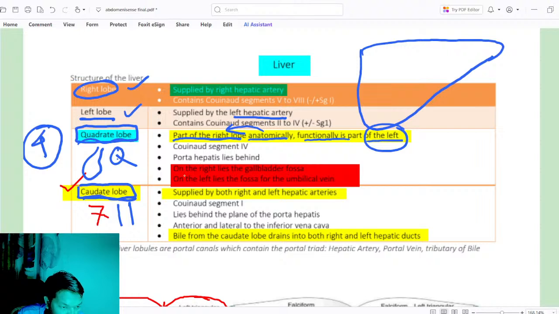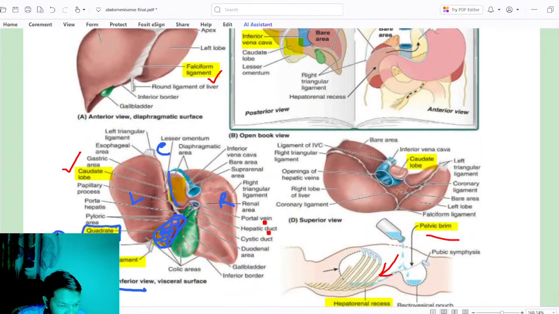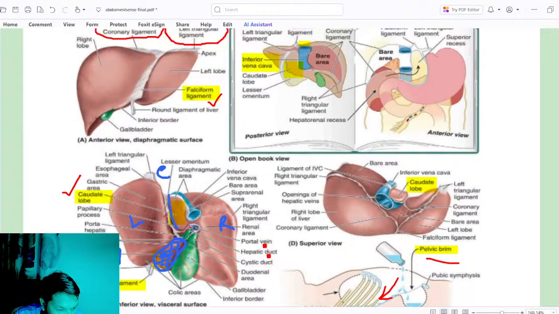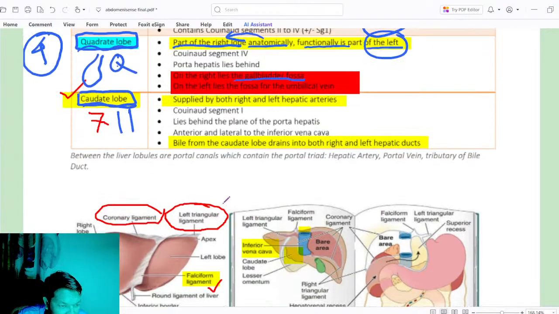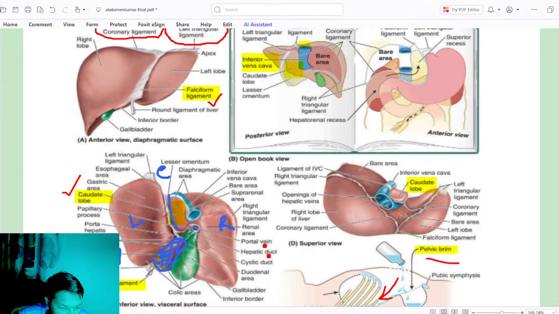The porta hepatis lies behind. On the right side lies the gallbladder fossa, and on the left side lies the fossa for the umbilical vein. The round ligament is the remnant of the umbilical vein.